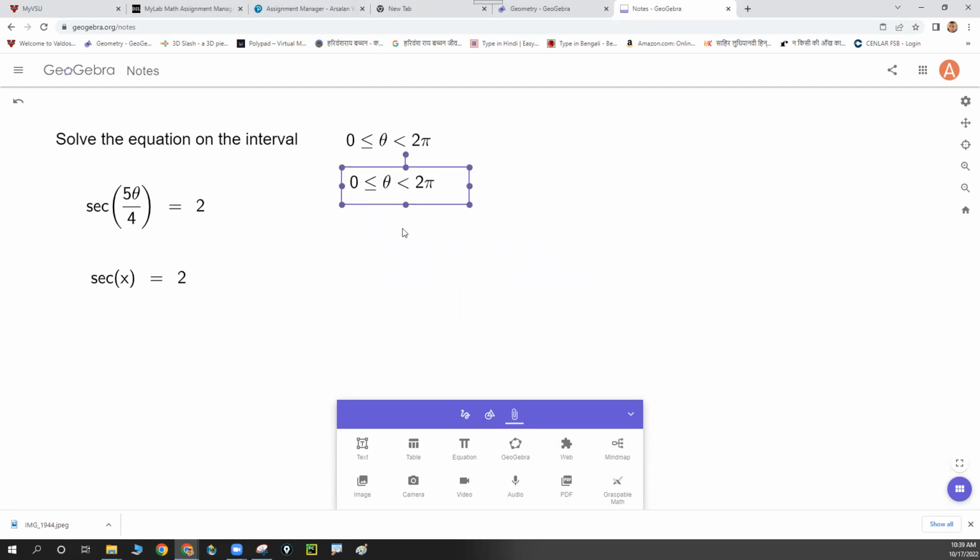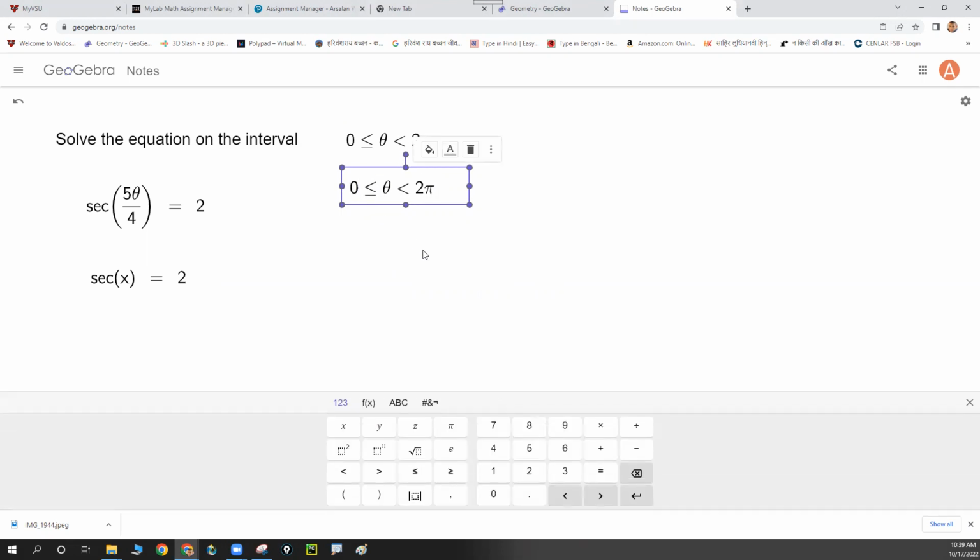I am going to go back and fix the inequality. I'm going to multiply all sides of the inequality by 5 over 4. 0 times anything is 0, so I don't have to worry about that side. I multiply theta by 5 over 4. If I do it on the right-hand side, 5 times 2 pi is going to be 10 pi, and 10 pi divided by 4.